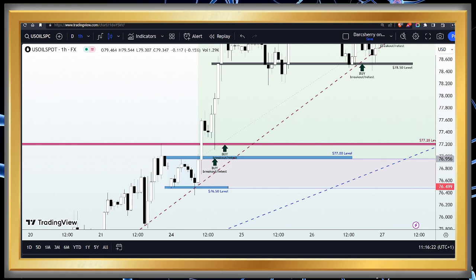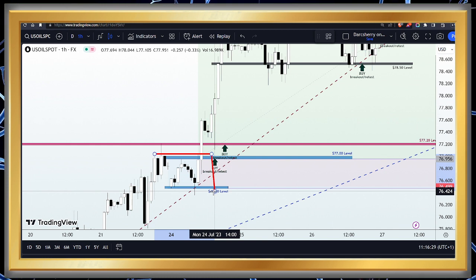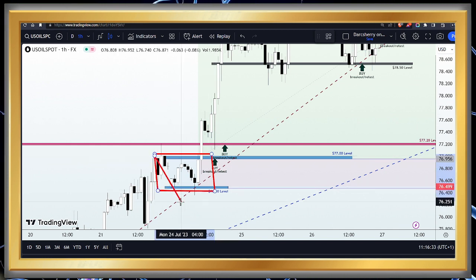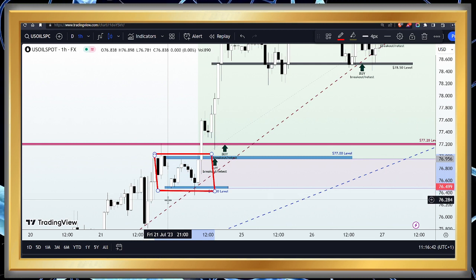In addition to that, we saw this flat channel where price action was confined within the $77 level and of course the $76.50 area, to give us an insight into the level of indecision at this point in the market, and of course giving us a flat channel to work with.